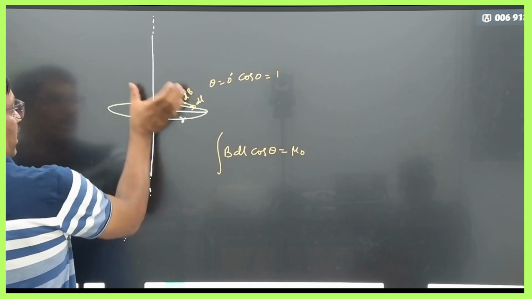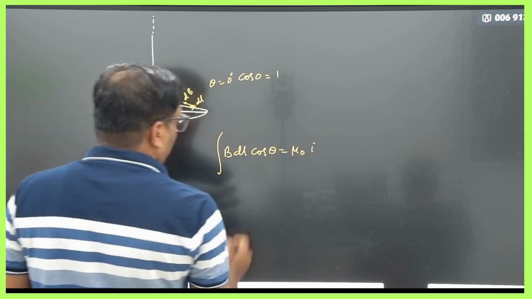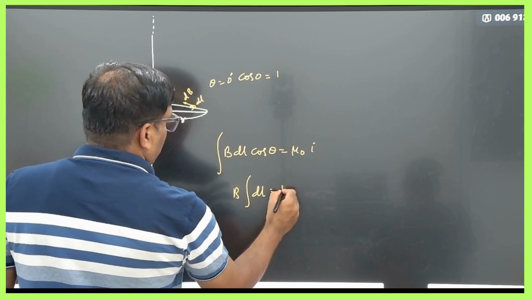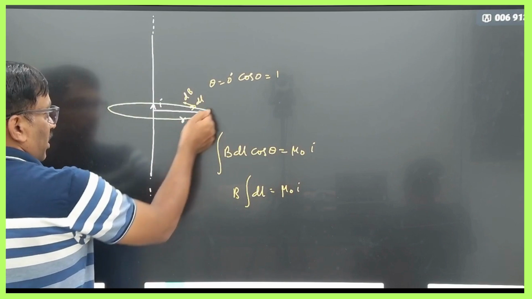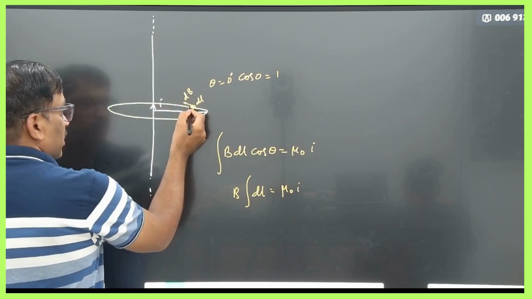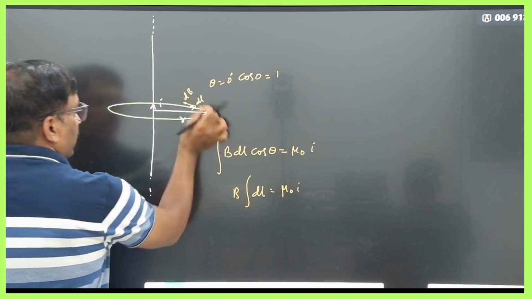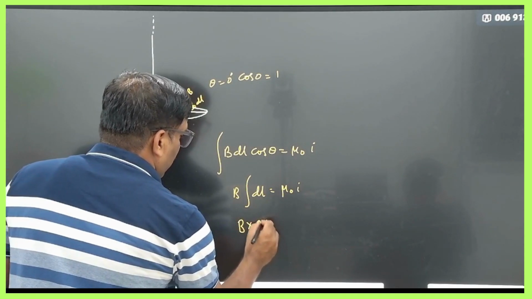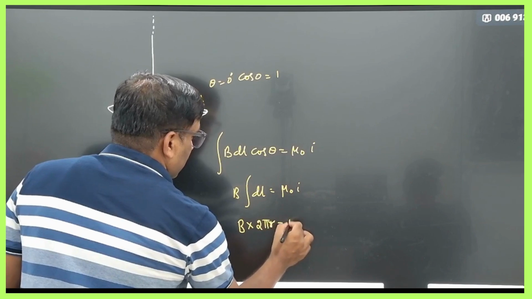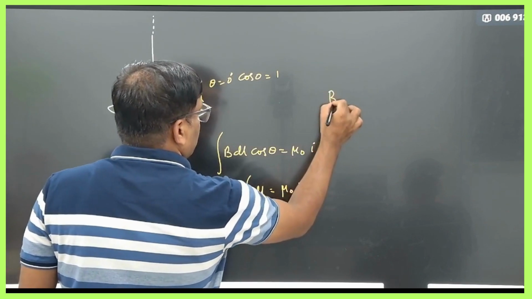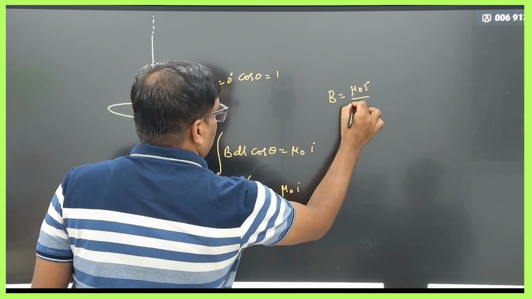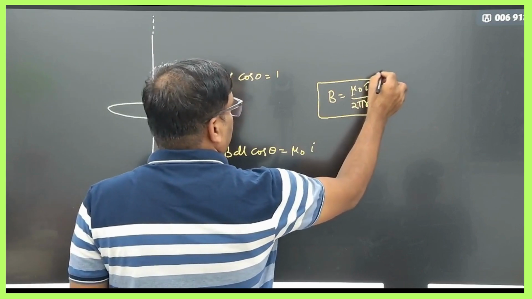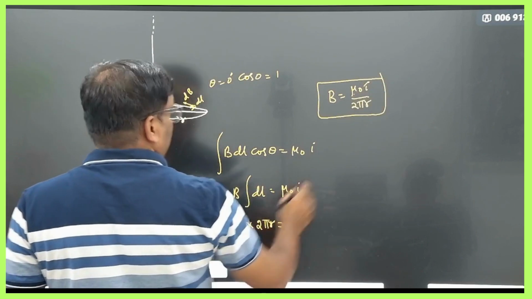Cos 0 is 1, so B into integral dl equals mu naught I. This integral dl is the length of this part, the total length, which is nothing but the circumference. So B into 2 pi r equals mu naught I, therefore B equals mu naught I by 2 pi r. This is the magnetic field due to a current carrying conductor.